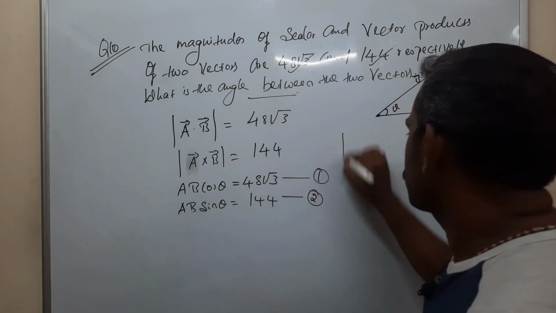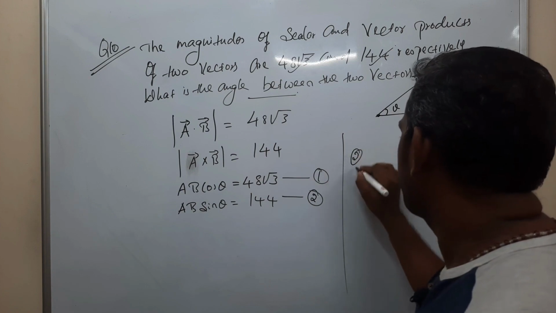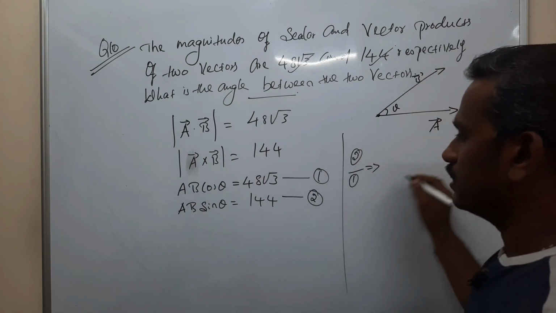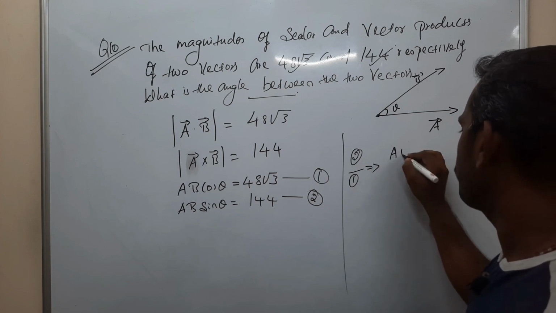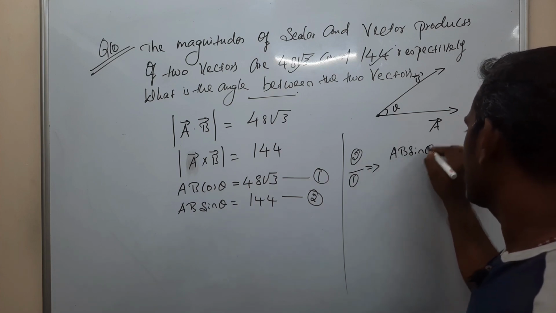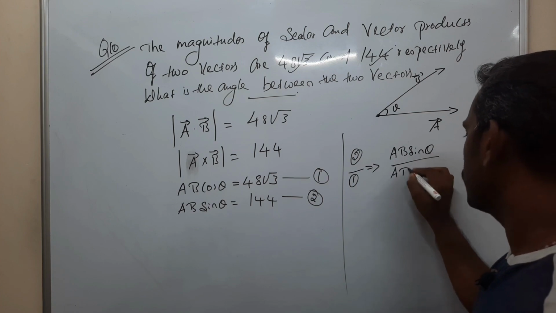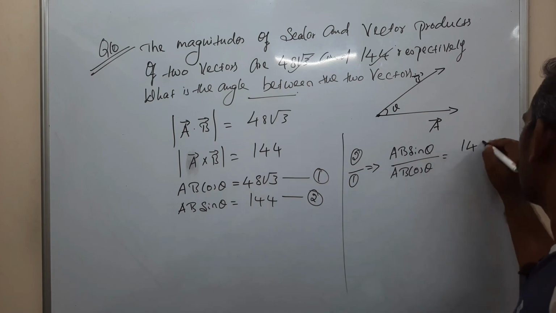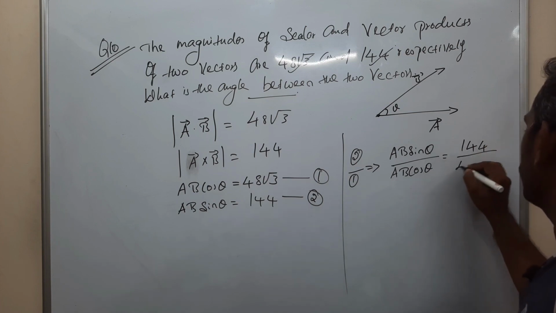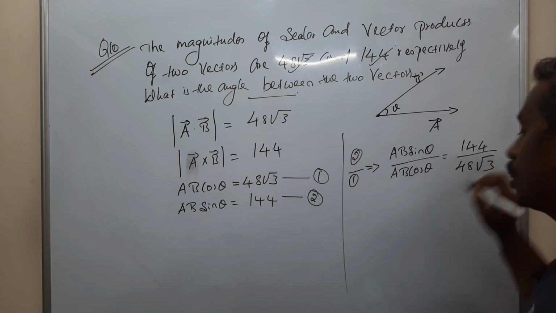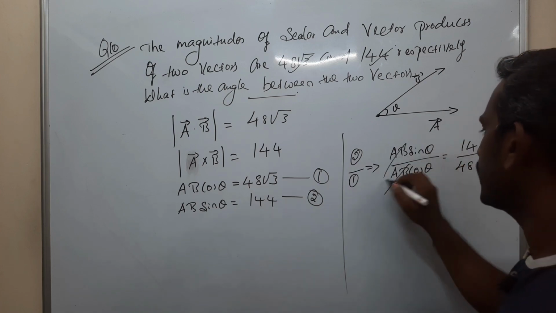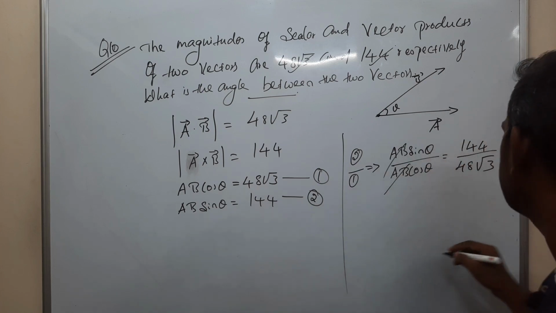Now equation 2 divided by equation 1: AB sin theta divided by AB cos theta is equal to 144 divided by 48 root 3. AB cancel, and sin theta by cos theta is tan theta.